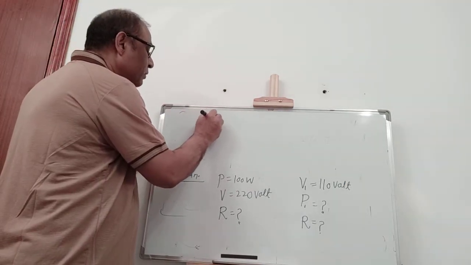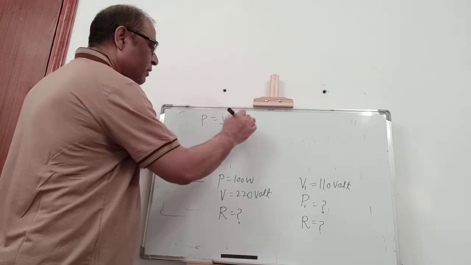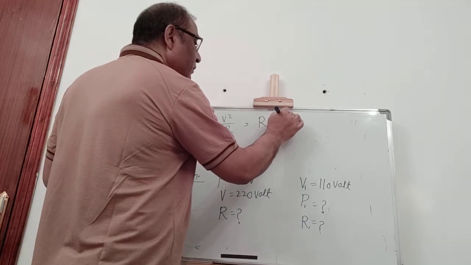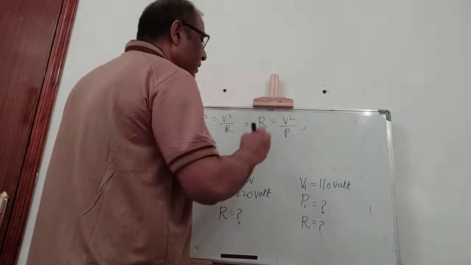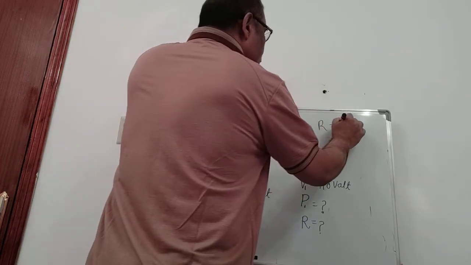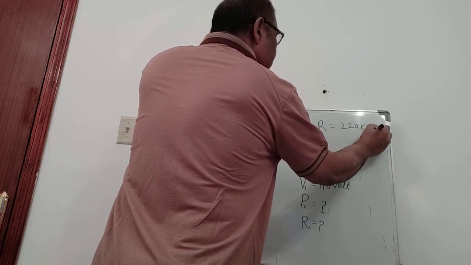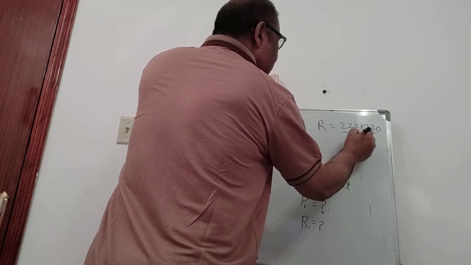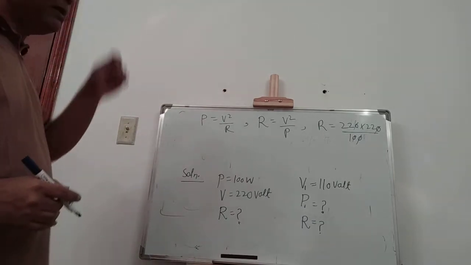Now, P is equal to V square upon R, so R is equal to V square upon P. Here V is 220 volt, so R is 220 into 220 divided by power 100. So it cancels out.